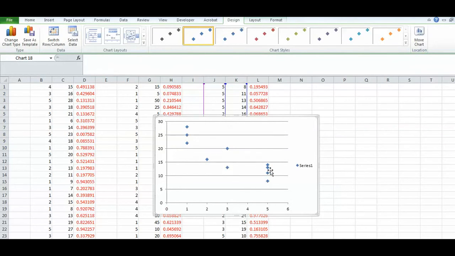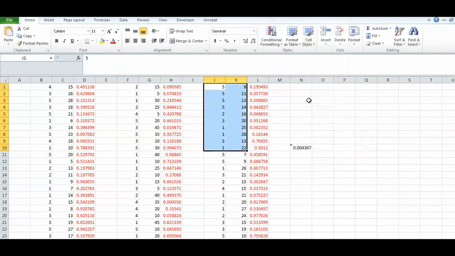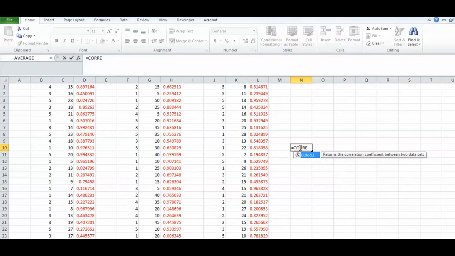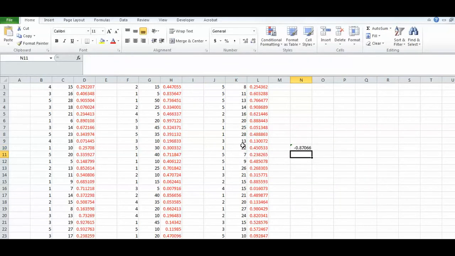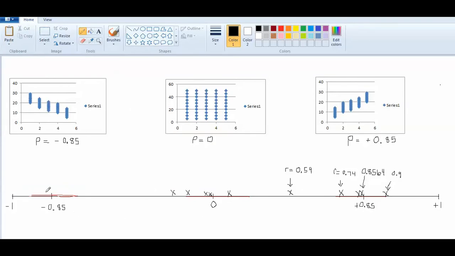These 10 people pretty much have a negative correlation. It's a negative 0.87, which is really close to the population correlation.